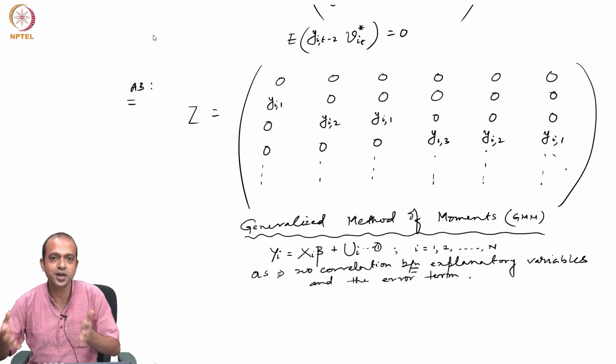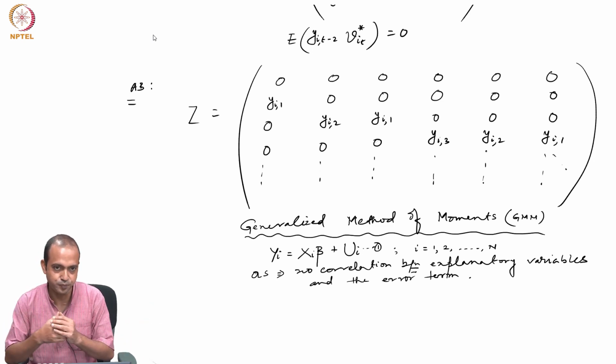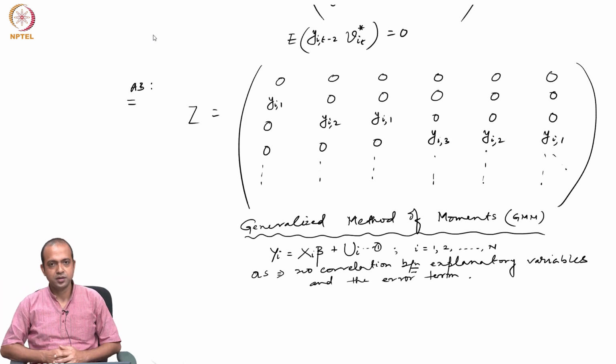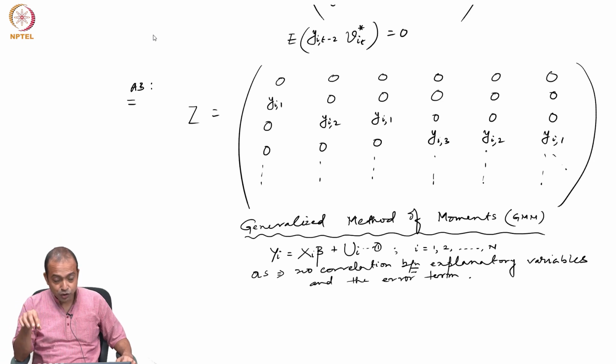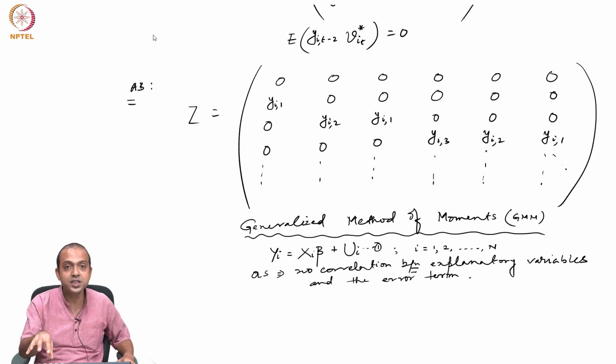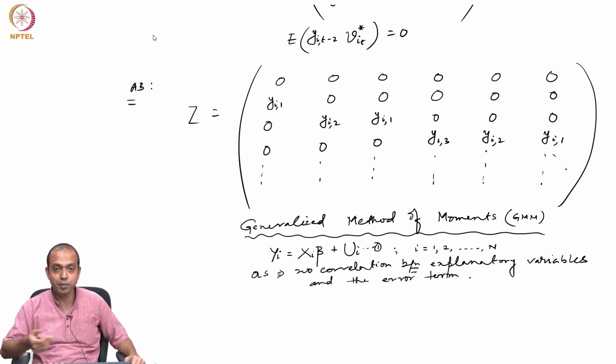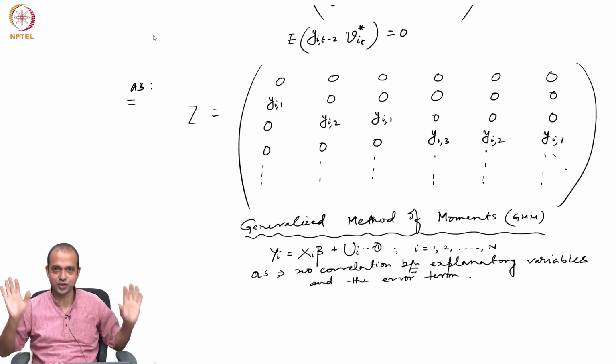It is an over-identified system, and in that case we discussed the method of moments. Since this is a method of moments applied in a context where the number of instruments is more than the number of parameters to be estimated, it is called the generalized method of moments. That's all.